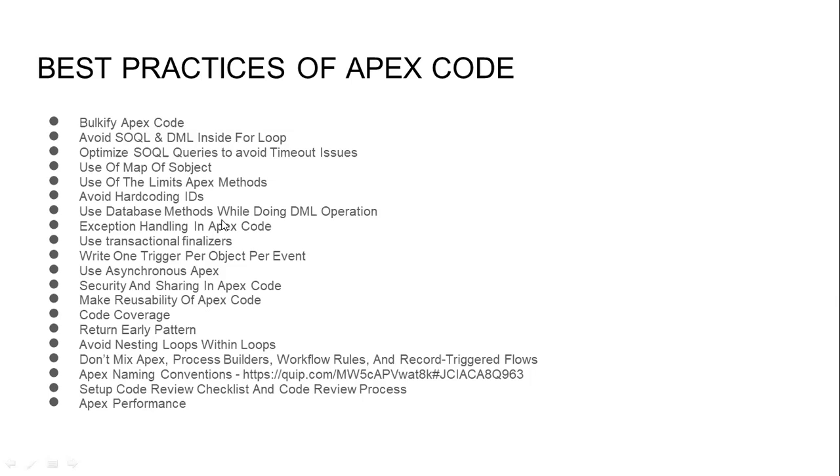Next is one trigger per object per event. We all know we should have only one trigger per object. Also, one part which is not mentioned here, but I will cover since the list was becoming too long: your trigger should be logicless. No if else condition should be in the trigger. Everything should be handled in your trigger handler class.